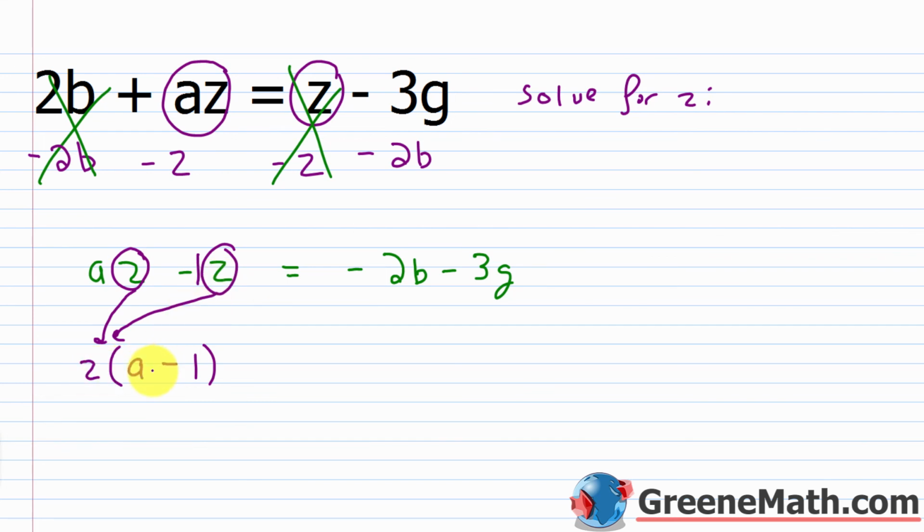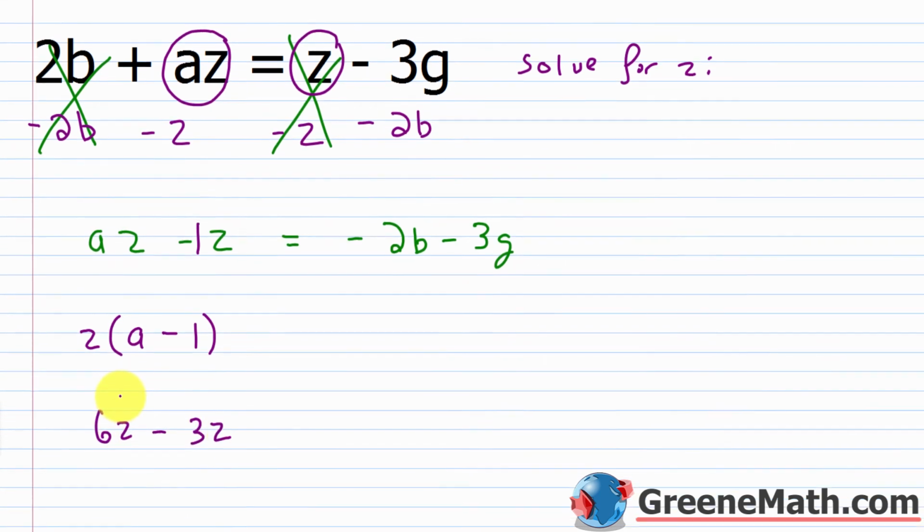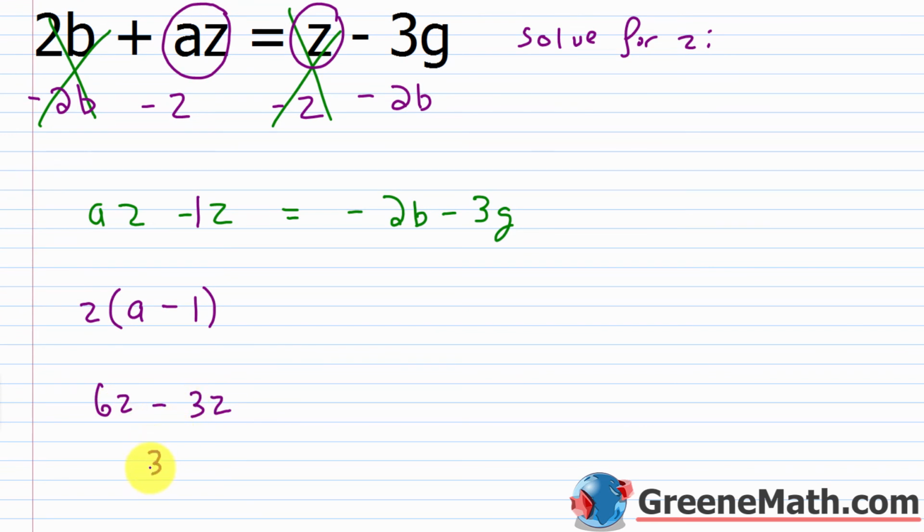Another way you can think about this, let me erase this real quick. If I had like terms, let's say I had 6z minus 3z, for example. Here, 6z minus 3z would be 3z because I subtracted 6 minus 3. In this particular case, I don't know what a is.